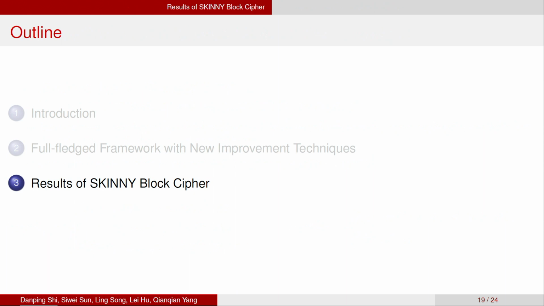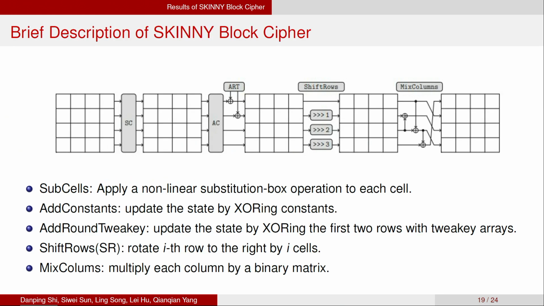And the framework is applied to Skinny. Typically, the round function of Skinny consists of five operations. Note that partial states of each round are updated by the tweak keys.